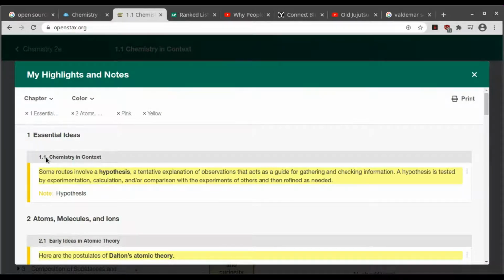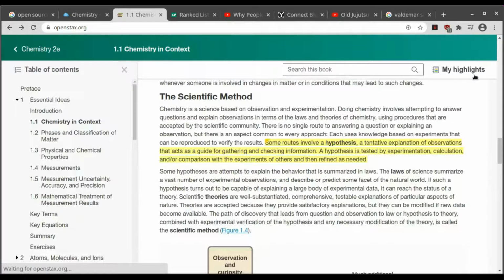And the theme that I'm kind of using is just using yellow for different notes and pink for exercises. But you can use your own color scheme. So some hypotheses are attempts to explain the behavior that is summarized in laws.